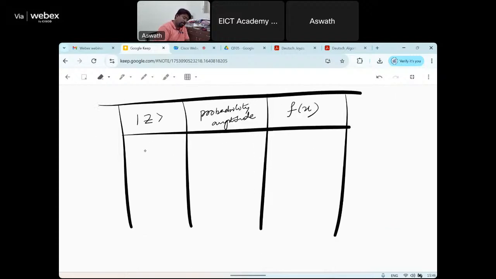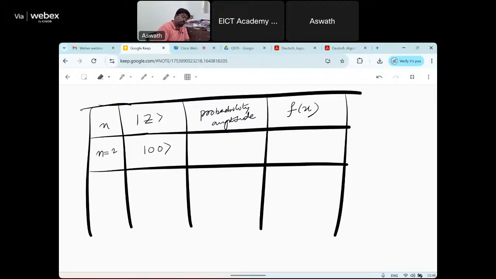Let's say I have 00 for the n equal to 2 case. The corresponding probability amplitude for this is 100%, which is equal to 1. If the probability amplitude is 1, it means the function is constant. It can be all zeros, all ones, it doesn't matter, it's constant.